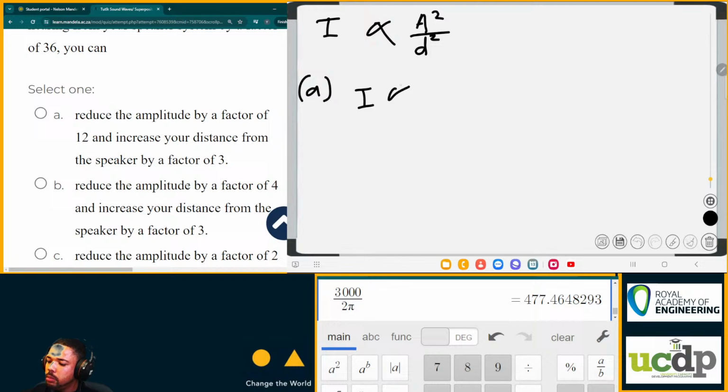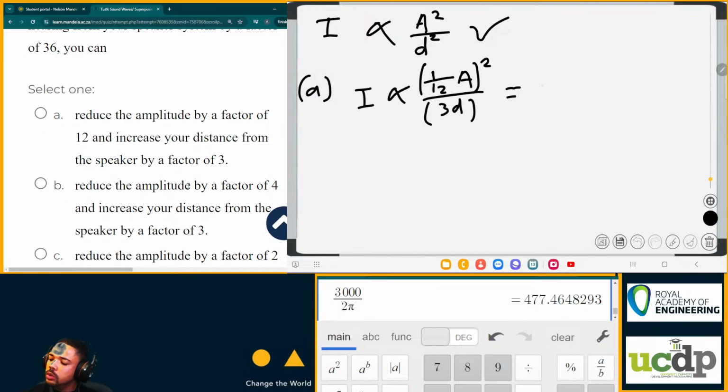So intensity is proportional to, this is the original intensity. If we reduce the amplitude by a factor of 12 and we increase the distance by a factor of 3, what is it equal to?